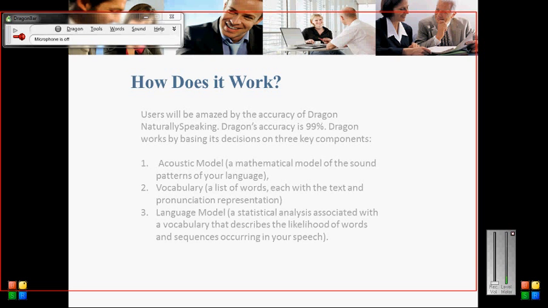It's a statistical analysis associated with a vocabulary that describes the likelihood of words and sequences occurring in your speech. So when we do that initial setup, they will be asked to read a series of paragraphs. It may have something to do with medical reports, and that's the way for the software to capture the voice patterns of a specific user.